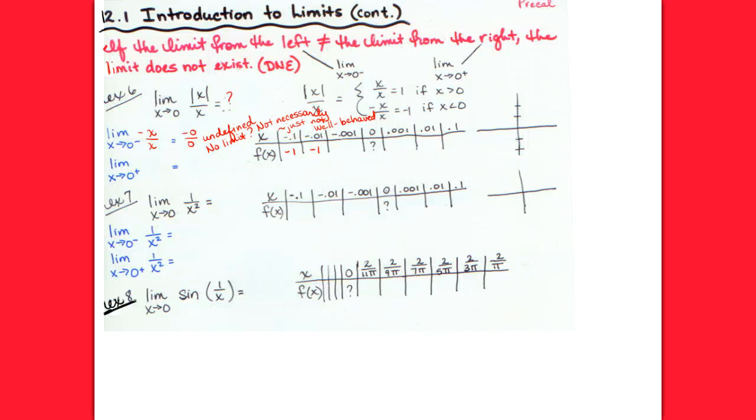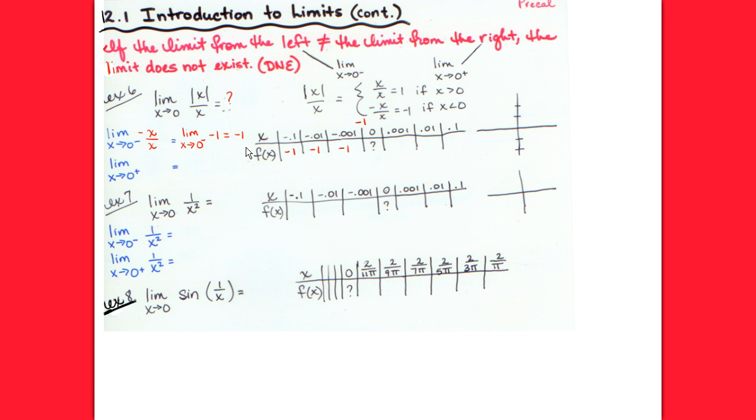Same thing with negative 0.001, that negative 1/1000th. I get negative 1. So what would you say your limit from the left-hand side is? Negative 1, yes. So every one of these is negative 1. I'm going to say my limit from the left is negative 1. So here's my notation for that. The limit from the left-hand side is going to be negative 1.